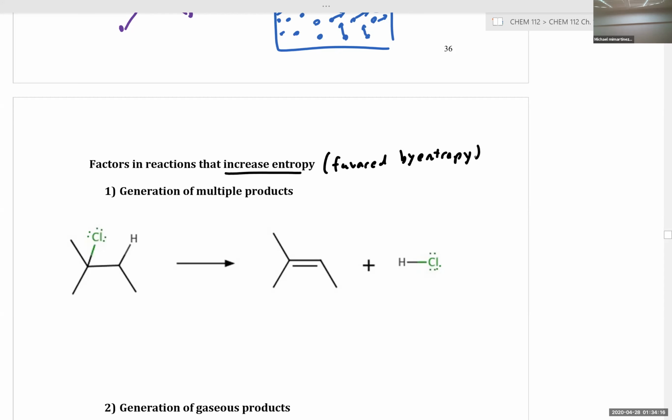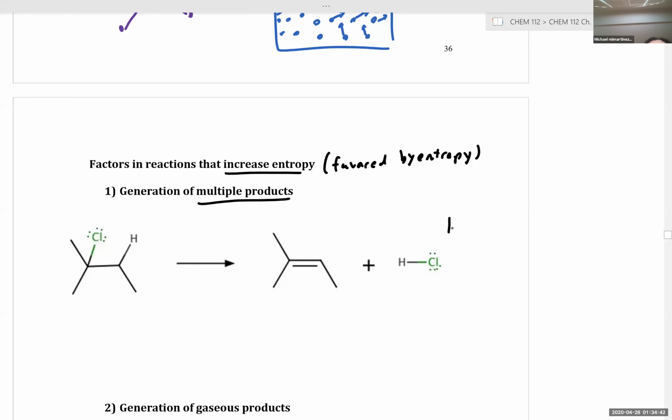In general, the entropy of our universe is increasing. Favorable processes generally increase entropy. And the main way that you see this in chemical reactions in this course is the generation of multiple products. So if we generate more molecules, we are increasing the entropy of our overall system.